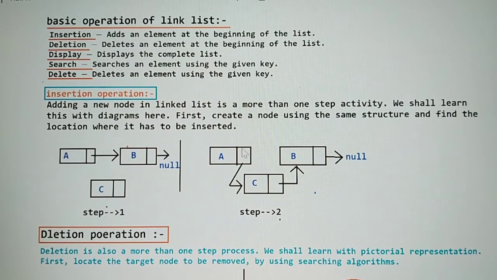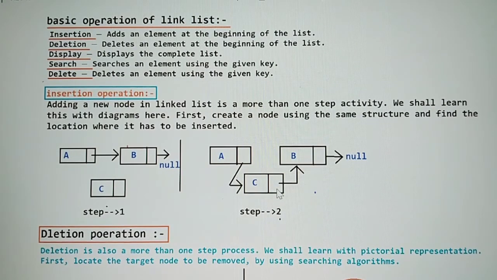The data element contains the location of the next data. So A also points to C, and C also points to B, because the C element now contains the location of the B element. Because of that it goes in the middle position.